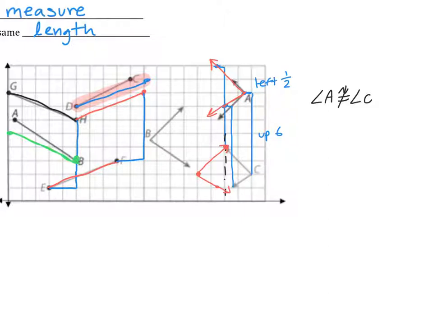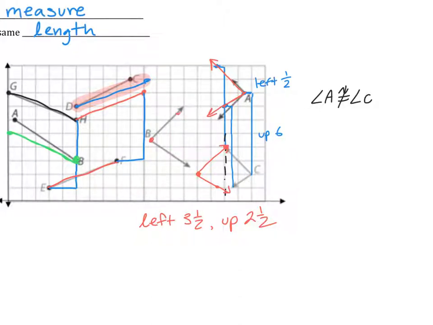So let's see if that would work for my other one. So that brings me here. So again, what we're testing is if we move it 1, 2, 3.5 to the left, and then up 2.5. So let's try moving this one. 1, 2, 3.5, up 1, 2.5.